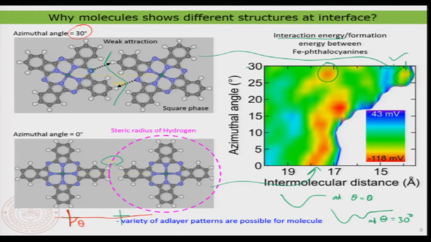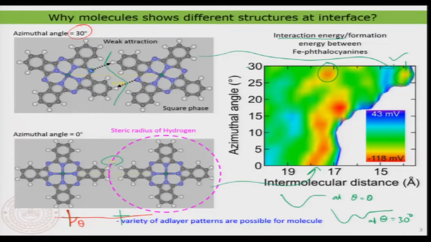Depending on the shape and the geometry of the molecule, you can always end up with much more complex diagrams. It may not be possible to define everything in 2 coordinates. You may require more than 2 coordinates to define the intermolecular interaction. But in this case it is good enough for us to understand. You will also see in the later slides that the molecular pattern on the surface is the one at 30 degrees.